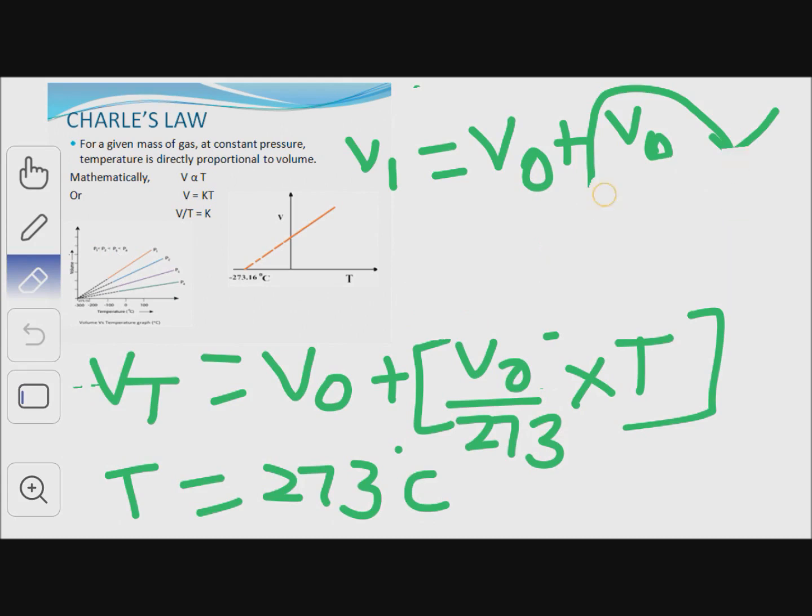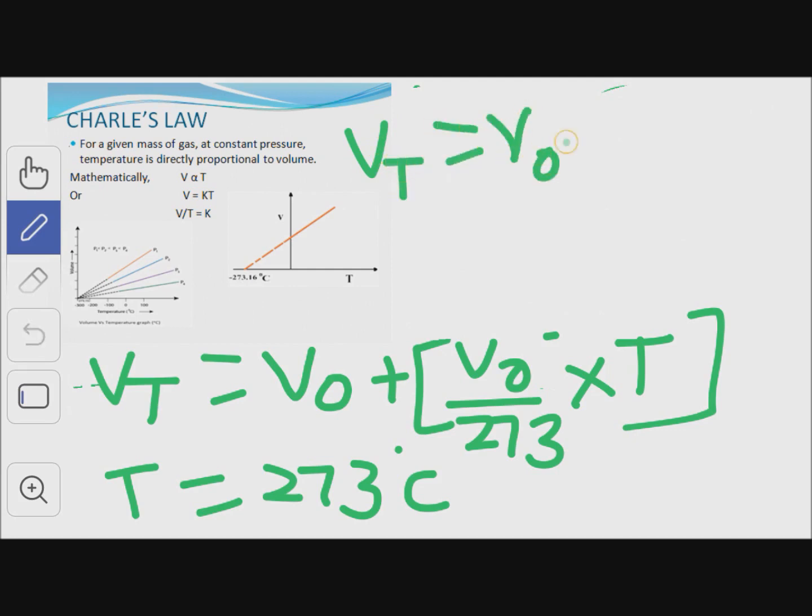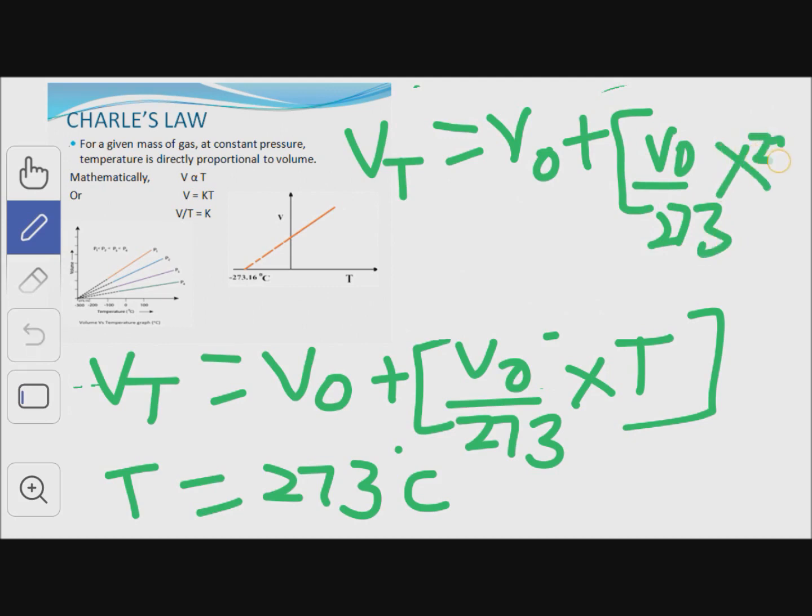If we put the value of temperature here, we get the final volume at 273, which is equal to V naught plus V naught upon 273 into 273, and by cancelling it we get 2V naught.